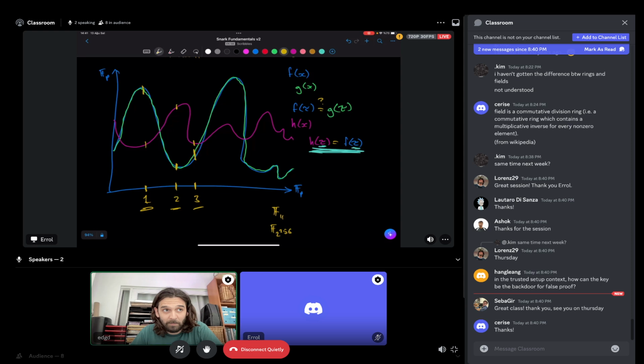If you know tau, if you know what the random number is going to be, you can make your polynomial, well, I'm going to draw it. If I know here is where tau is going to be, I can make sure that whatever polynomial I make crosses over at the exact place.